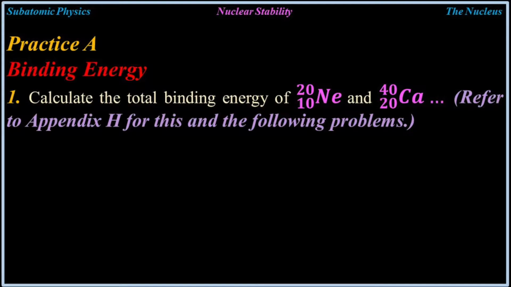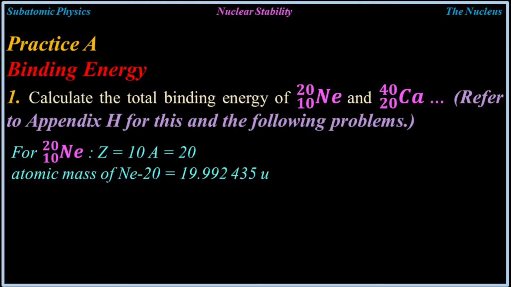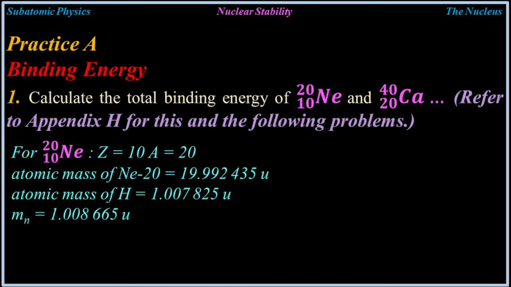Calculate the total binding energy of neon 20 and calcium 40. Refer to Appendix H for this and the following problems. For neon 20, you have the Z and the A. The atomic mass is 19.992435 U, and then the atomic mass of hydrogen is also given. You have the M_N given, and the Z for calcium, the A for calcium.